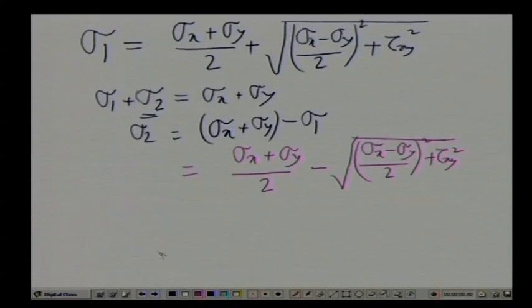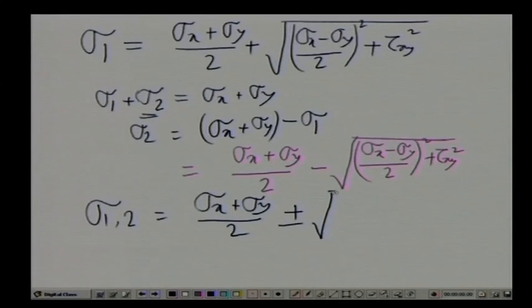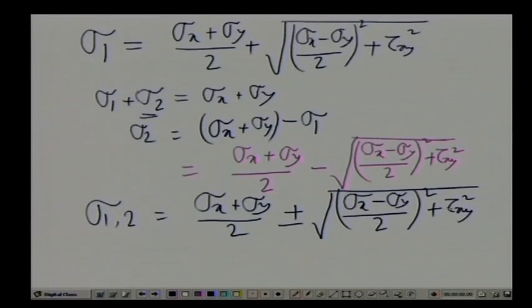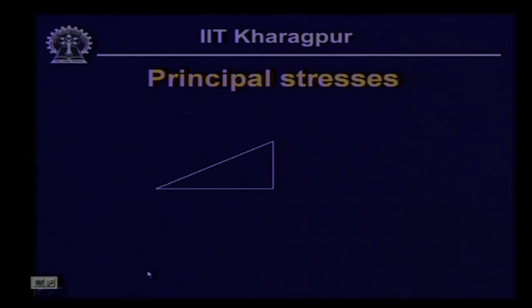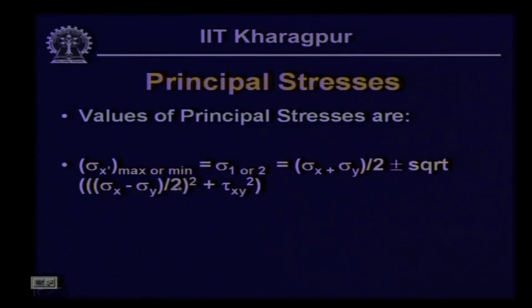Hence, the stresses sigma 1 or 2 can be given as (sigma x plus sigma y) by 2 plus minus square root of (sigma x minus sigma y by 2) square plus tau x y square, and these are the values of principal stresses, maximum and minimum principal stresses.